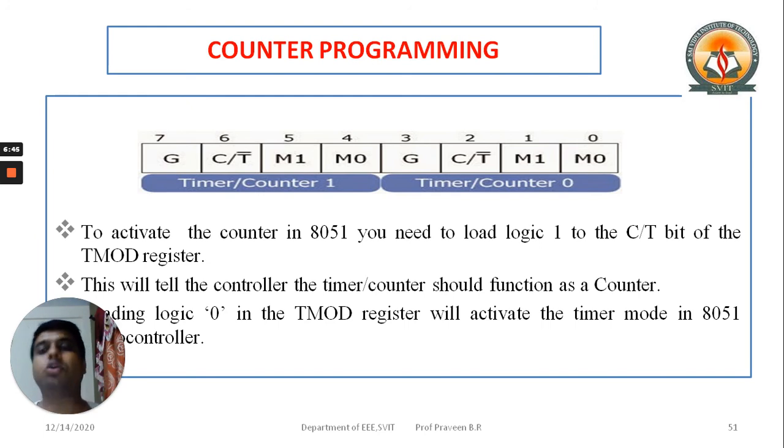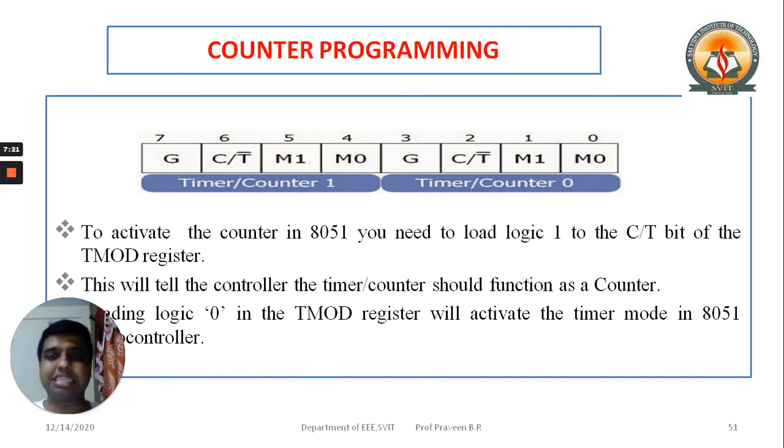As I told you, there are 4 modes of operation: mode 0, mode 1, mode 2 and mode 3, where mode 0 is called the 13-bit mode, mode 1 is called the 16-bit mode, mode 2 is called the 8-bit auto reload mode, and mode 3 is called the split mode. These were some of the programming we have learnt even in the case of timer. So the same thing is applicable here in the counter programming.